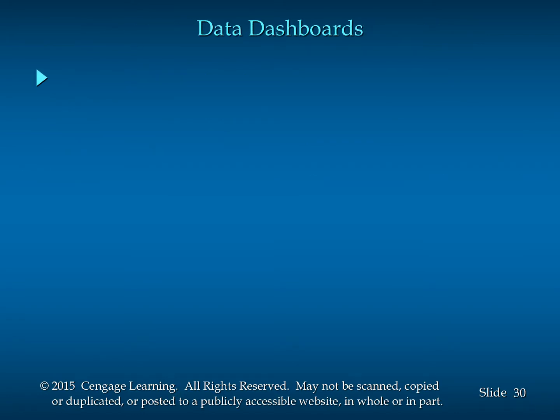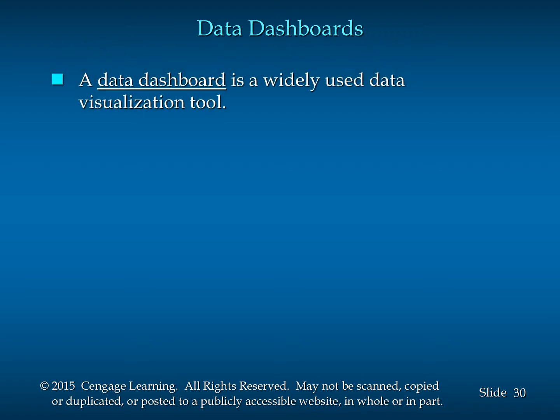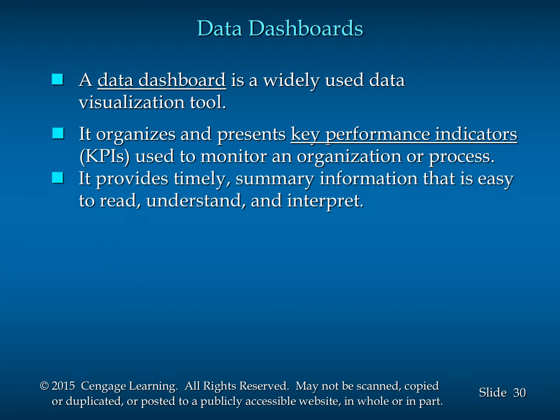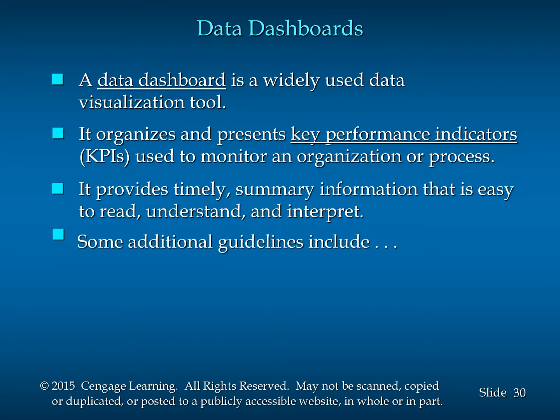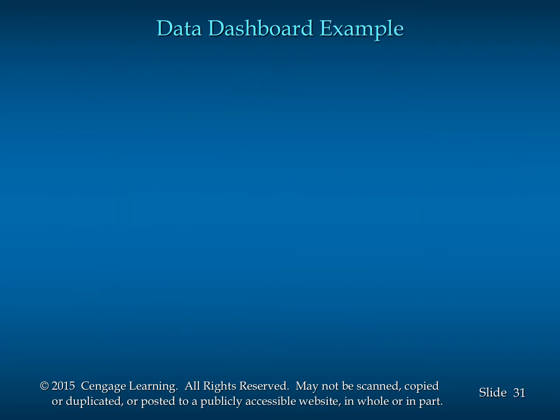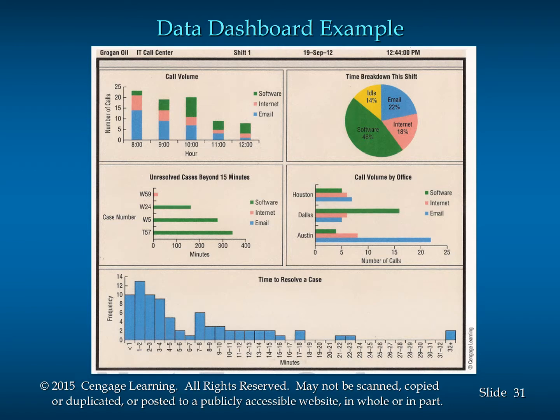You will find in business frequently that organizations will create data dashboards. It's a widely used tool that combines and organizes a number of measures or key performance indicators in one place. Showing an example of a data dashboard, you can see there are 5 different charts or graphs displayed here for the same organization.